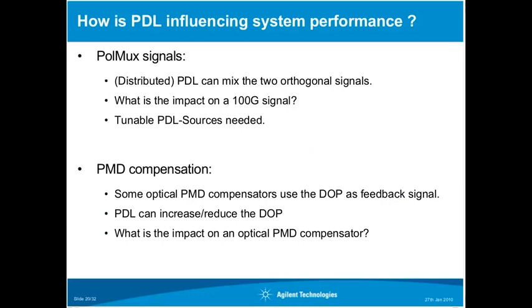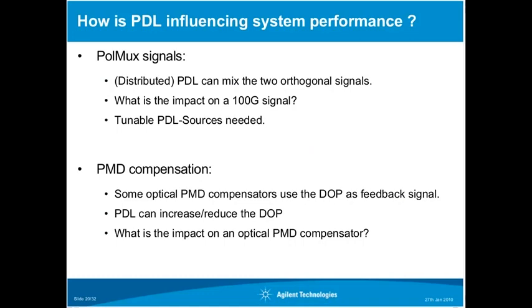Now, PDL is not a polarizer, but it is a sort of bad polarizer. When we talk about PDL, we probably talk about levels between 0 and maybe 3 dB, and 3 dB is already quite a lot. It behaves like a bad polarizer, and so you are going to see that the 2 components are mixed together.